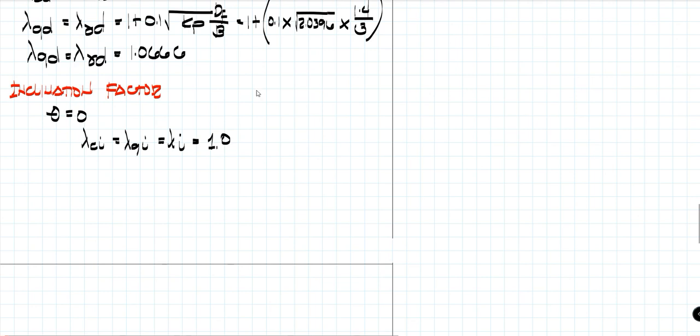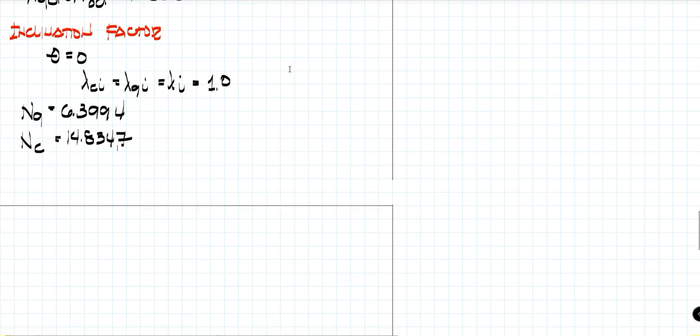So, ang NQ natin sa Terzaghi kanina is 6.3994 and yung NC natin doon will be equivalent to 14.8347.